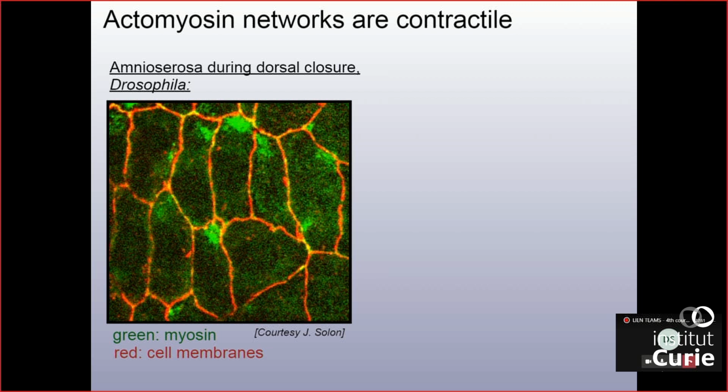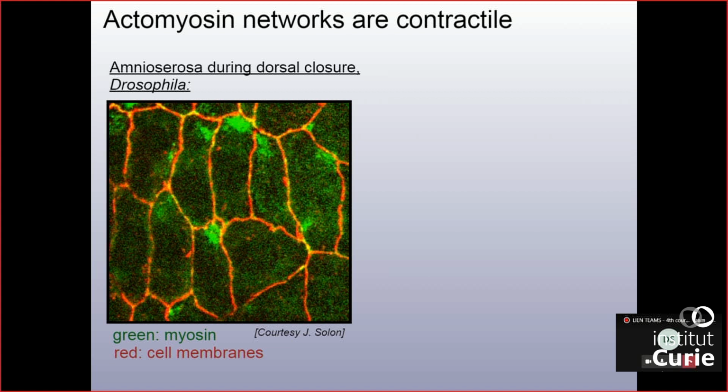So, okay, this is an image of the surface of a Drosophila embryo, and one can see in red the cell outlines, and in green one has labeled the myosin molecular motors.